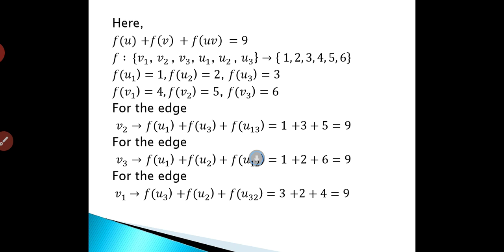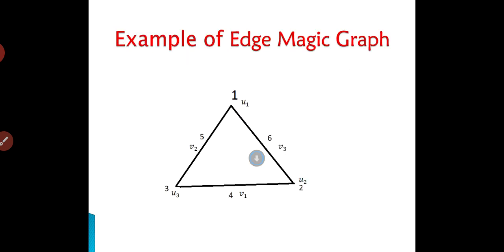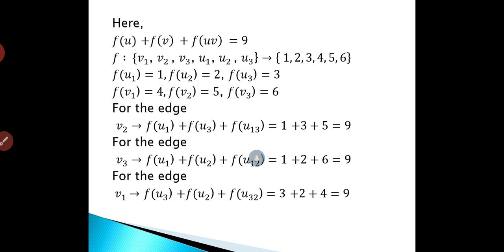For the edge v1, all of you see the figure. f(u3) plus f(u2) plus f(u32), where u32 is our edge v1. So 3 plus 2 plus 4 is 9.